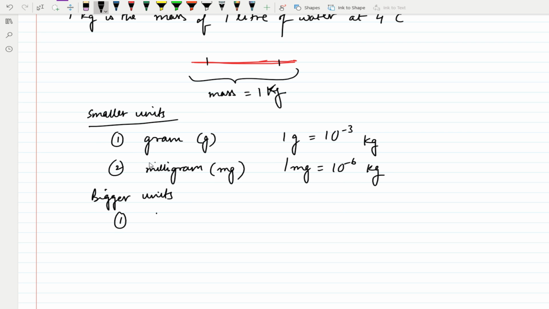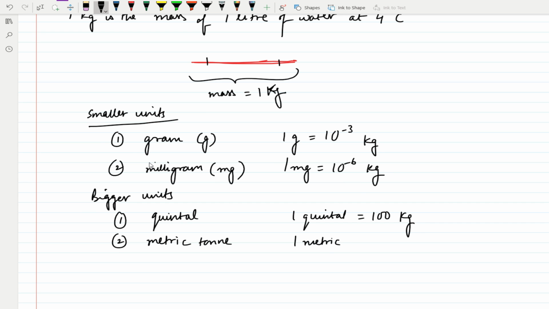First one is quintal. And 1 quintal is 100 kgs. Similarly you have metric ton, and 1 metric ton is equal to 1000 kg.